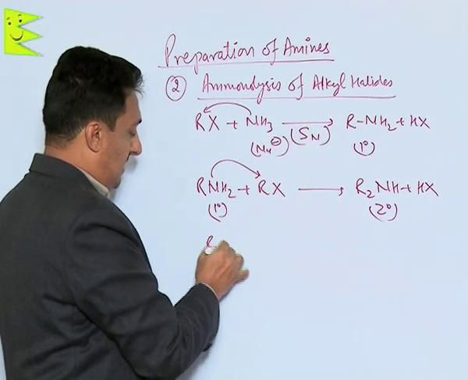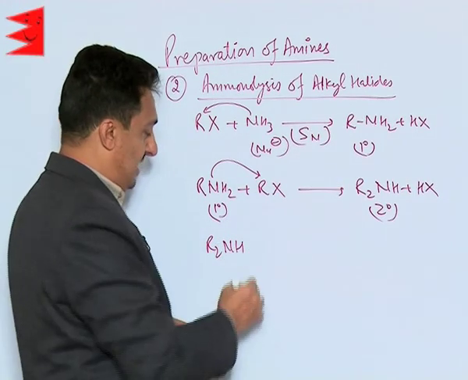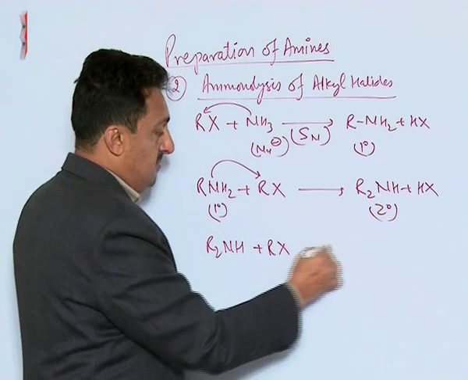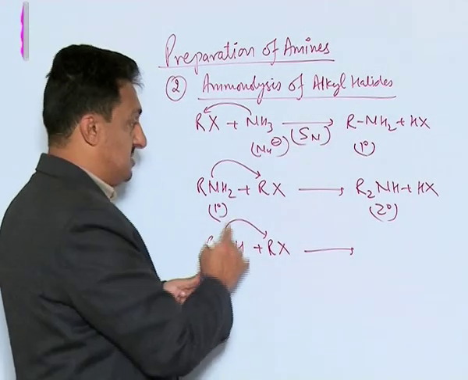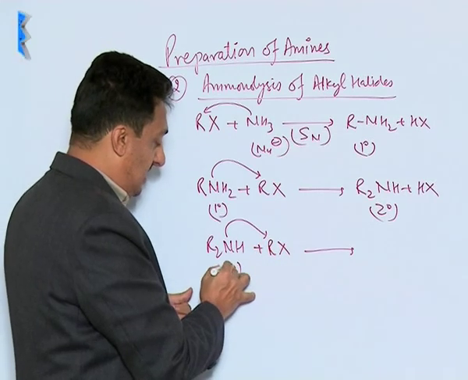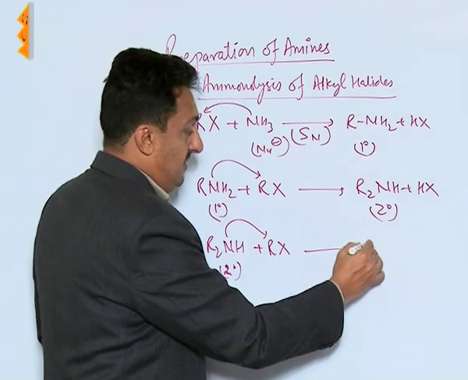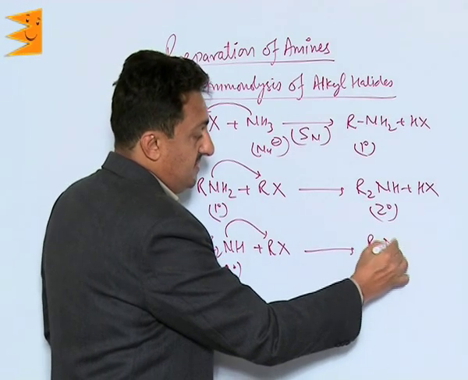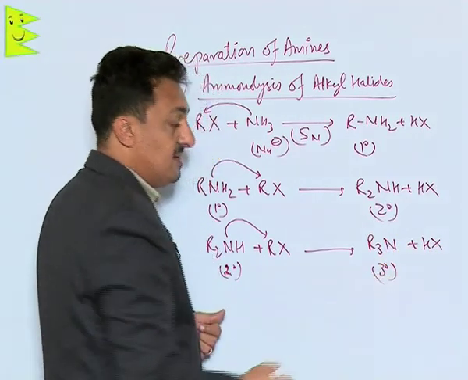Now this secondary amine R2NH is still having one H which can be replaced. Therefore it reacts with one more molecule of RX, and it's a stronger nucleophile because of the two R groups' plus I effect. So this secondary amine attacks another molecule of RX to give us this tertiary amine.